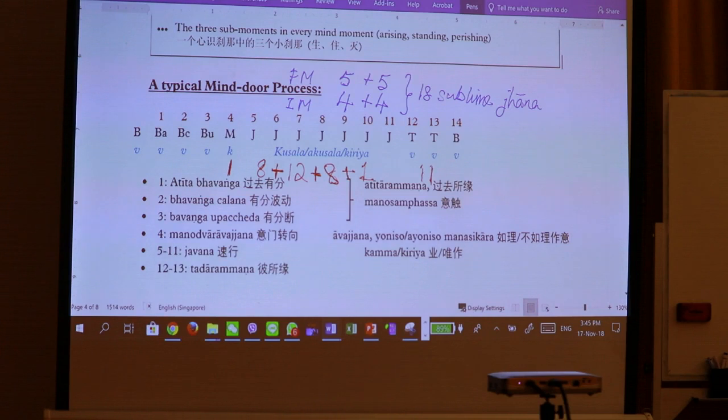The 4 path consciousness, 4 fruition consciousness.